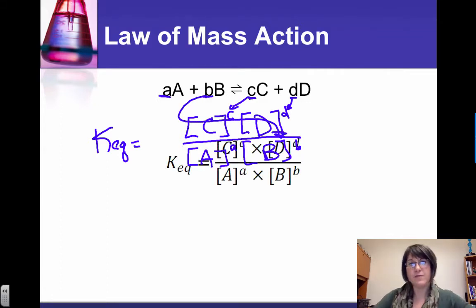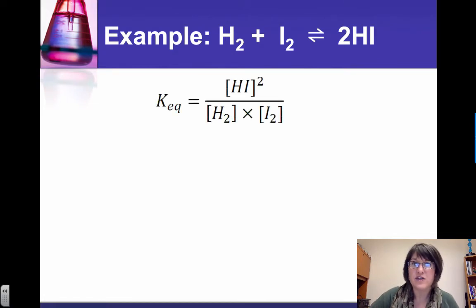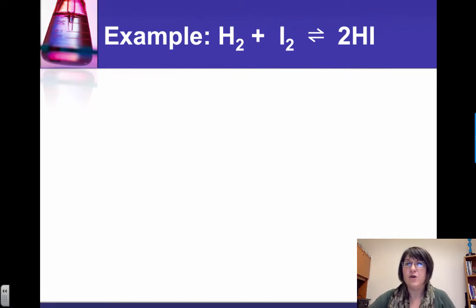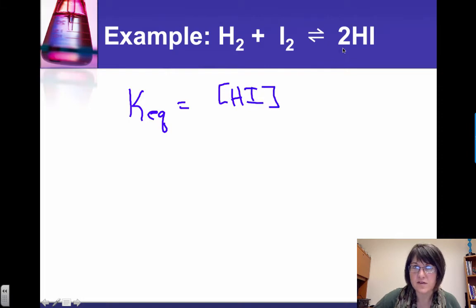Oh, look, I already wrote it. So here's an example with real things, not A, B, C, D, like hydrogen and iodine forming hydrogen iodide. So I write my equilibrium expression, Keq, equal to the concentration of the products raised to the second power, because it's got a 2 in front of it, divided by the concentration of my reactants.